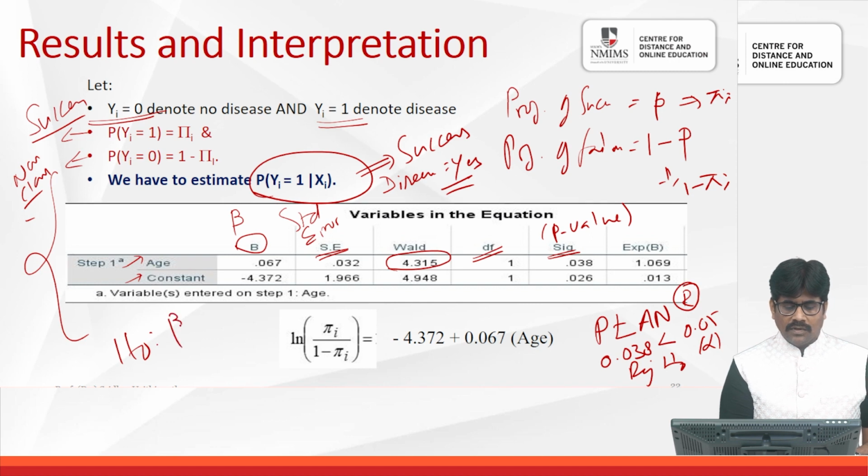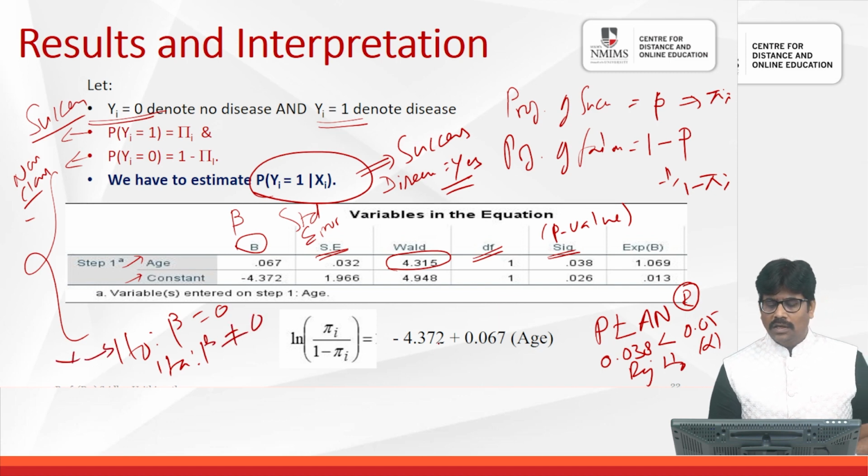H naught is that beta is equal to 0, and the alternate hypothesis is beta not equal to 0. So I am going to reject it. So that means beta is not equal to 0, right. Equal to 0 I am rejecting, and hence I am happy that beta is not equal to 0. So that means a significant relationship exists, that means age is significantly affecting.